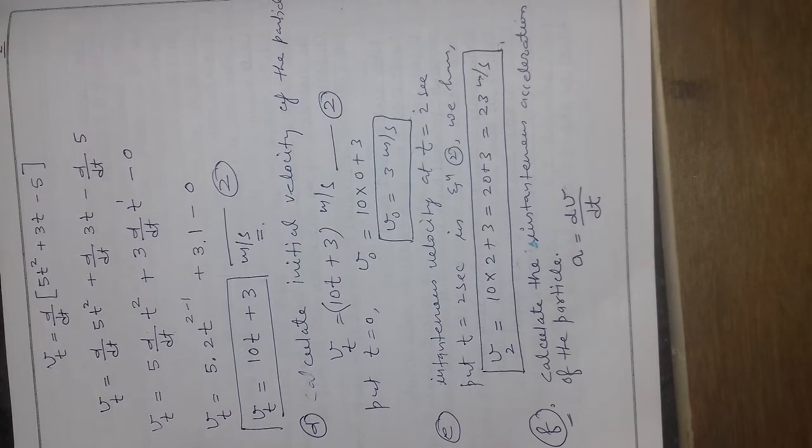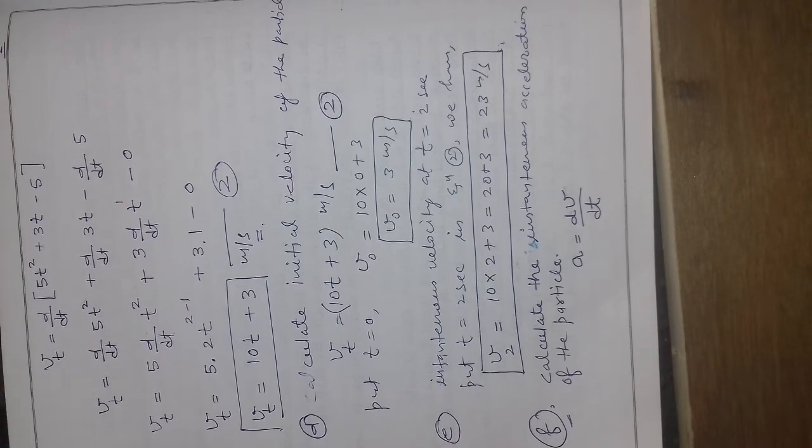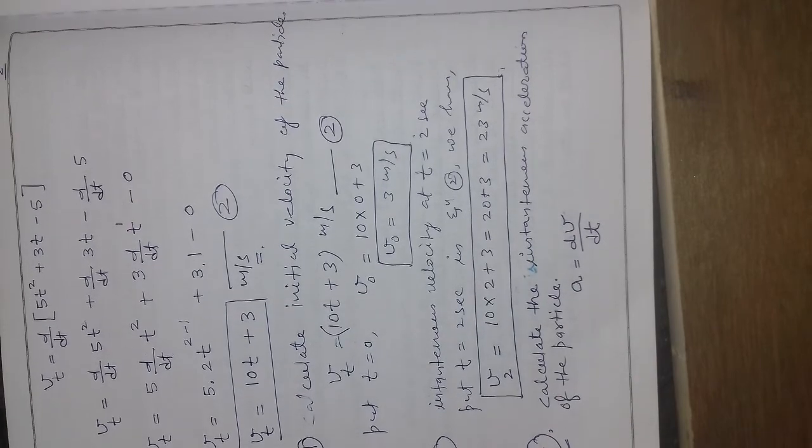Now solving, v of t is equal to 5 into 2t to the power 2 minus 1 plus 3 into 1 minus 0, which gives you v of t is equal to 10t plus 3 meter per second. So this is your equation number 2, which is the instantaneous velocity. This is simply known as velocity. Now moving to part D, we have to calculate the initial velocity of the particle.